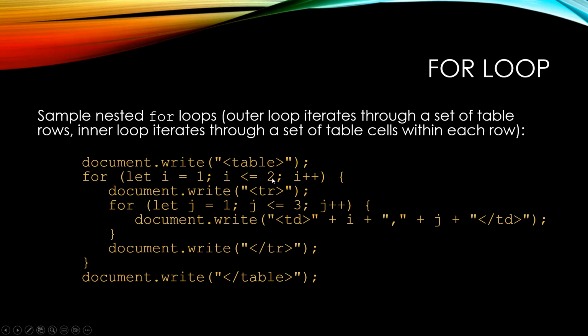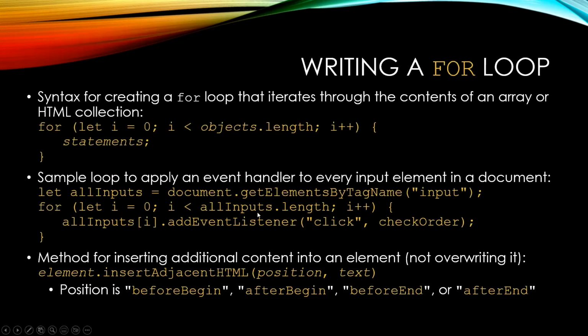Then within each row, I want to write all of the columns. So that's what the center loop or the inner loop here does. So it creates a table. It's got rows from 1 and 2. So there's 2 rows. Then it's going to print each of the values going in each column in the center one, and then you're going to end your row and end your table.